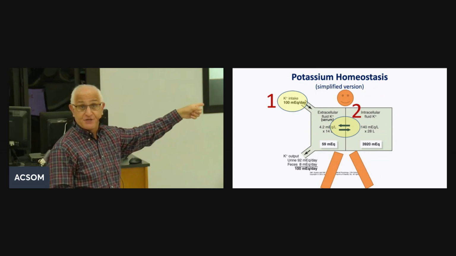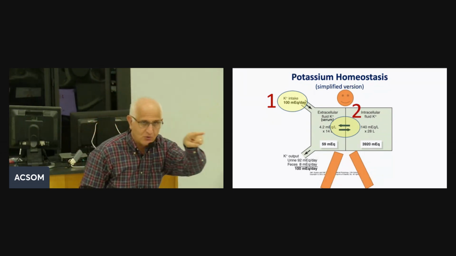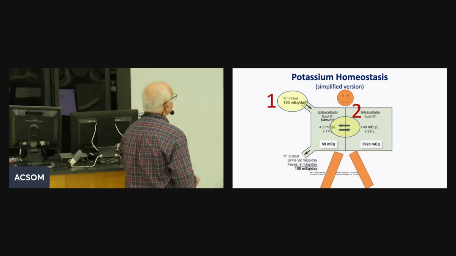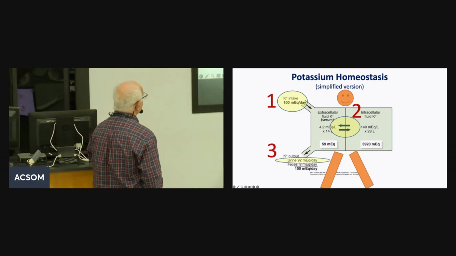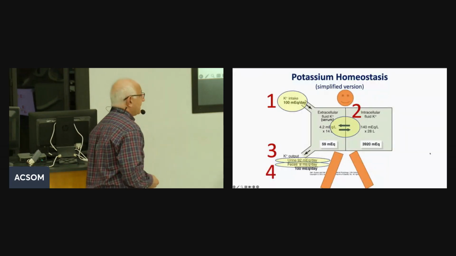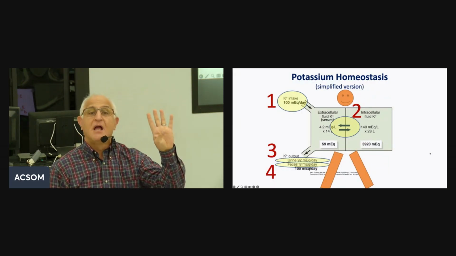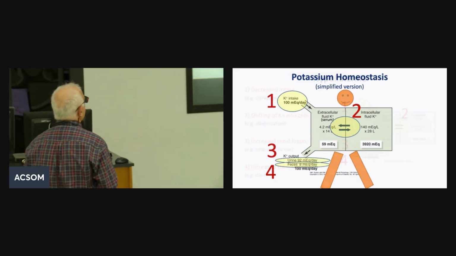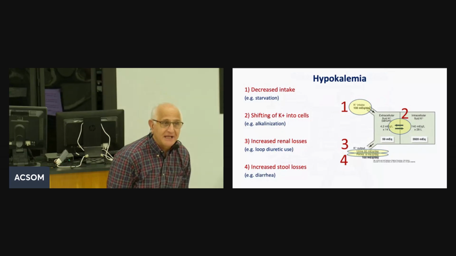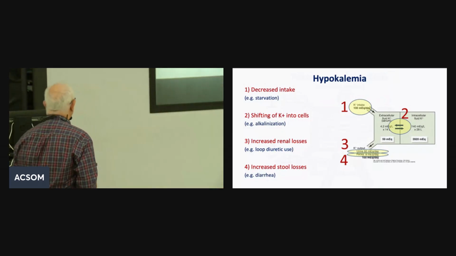Another would be that redistribution might become a problem, potassium that goes in or comes out of cells. Then the urine potassium that is an issue, and the fecal or GI potassium that is excreted. These are the four sites. Any of these that go wrong will cause a problem. What do we have here? Let's start with hypokalemia, when my serum potassium level is low.